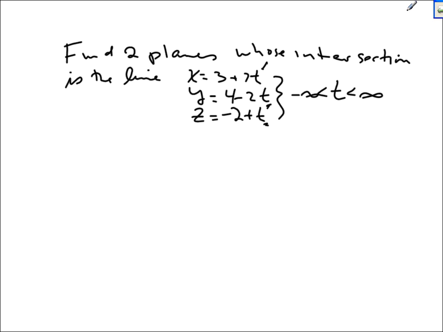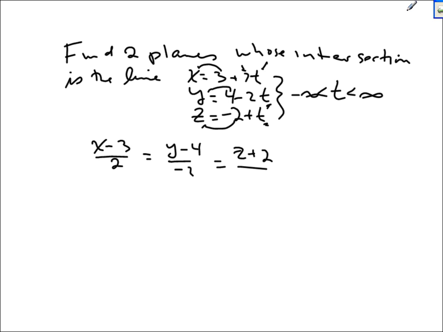So first you should write this in symmetric form: (x minus 3) over 2, (y minus 4) over negative 2, and (z plus 2) over 1.